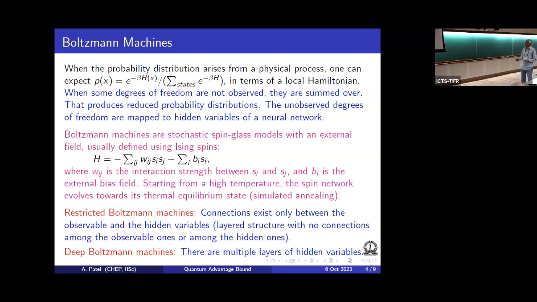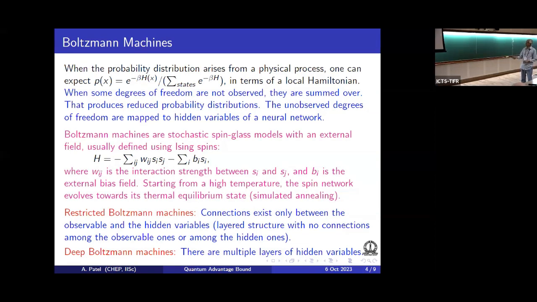So there is something which is called a restricted Boltzmann machine, where the connections, this Wij, exist only between the observable degrees of freedom and the hidden variables, but no connection among the observables and no connection among the hidden variables. So it's a kind of layered structure. You have connections going from one side to another, but no connection on this side or no connection on that side.